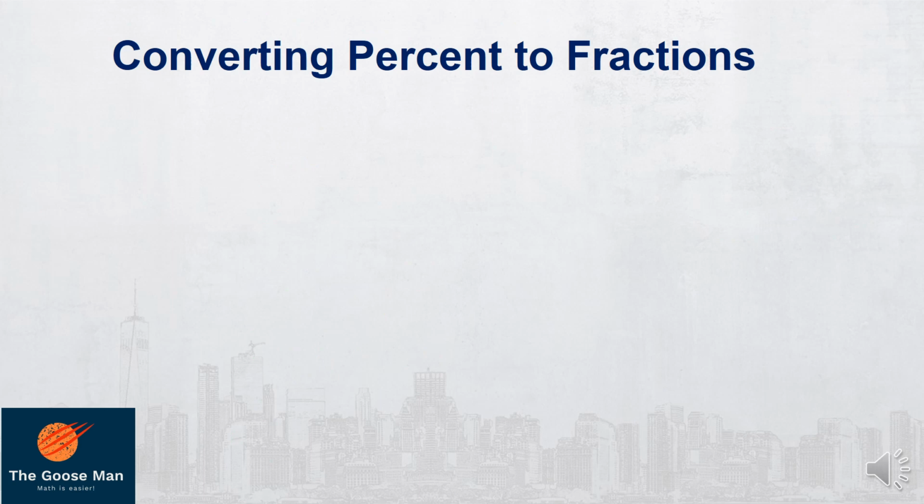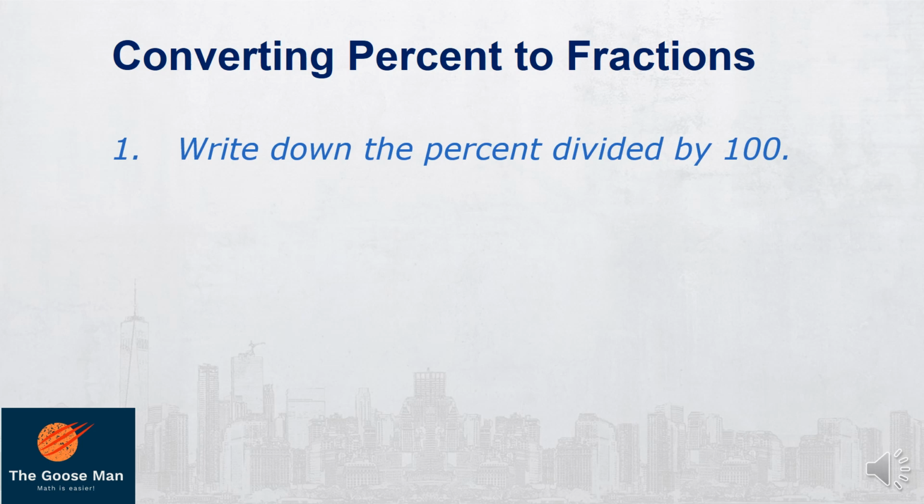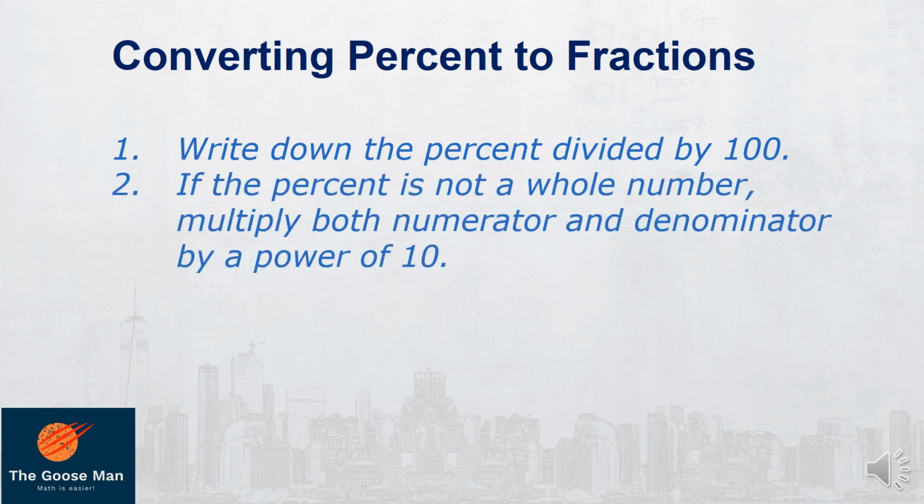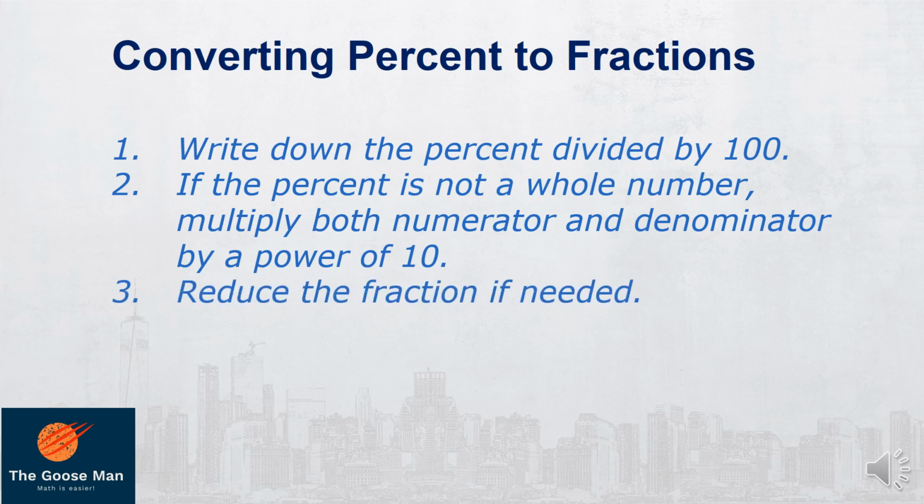To summarize converting percent to fractions: step 1, write down the percent divided by 100. Second, if the percent is not a whole number, multiply both numerator and denominator by a power of 10. And finally, reduce the fraction if needed.